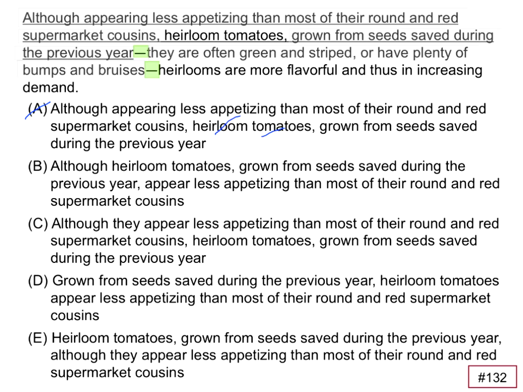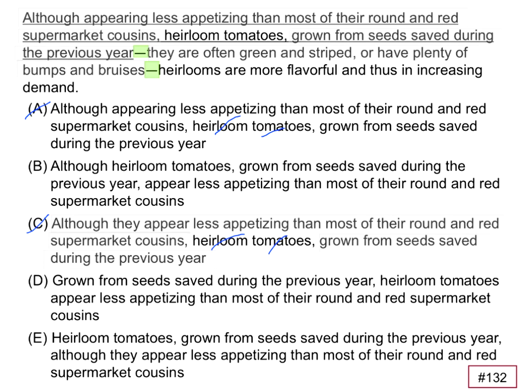Any others that do the same thing? All right, let's see. So answer C, again, has this opening modifier, again goes into the grown thing, and still has the heirloom tomatoes hanging out there where they shouldn't be. All right, good. C is gone. And then let's see, we've got E too. Let's take a look at E, what's going on here.